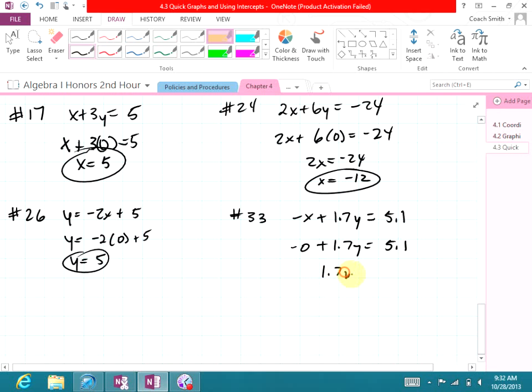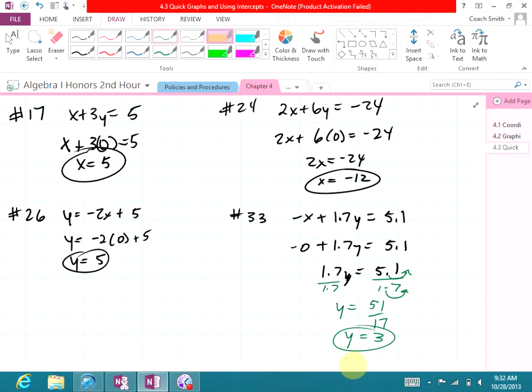So it's 1.7y equals 5.1. So I divide by 1.7. I move the decimal once here and once up top. So y is equal to 51 over 17, which is 3. Okay, so not real difficult.